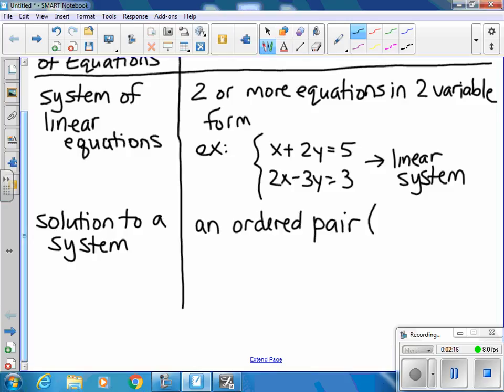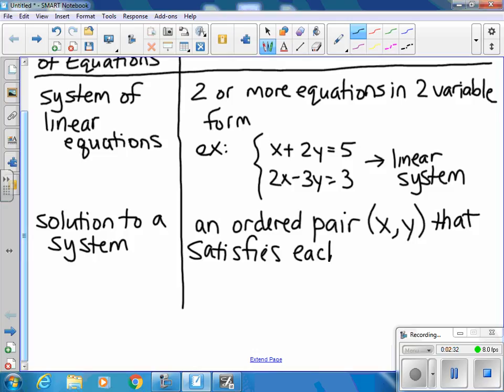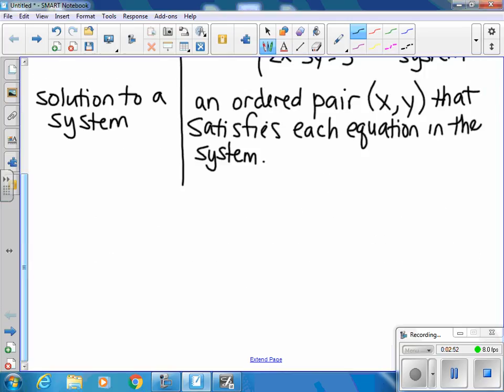So that means your answer will be written as parentheses around that ordered pair, and the x and y numbers will be filled in, that satisfies each equation in the system. What that means is that the ordered pair that you say is the final answer must work in every equation in the problem, or it is technically not the answer that you want. If it doesn't work in one of them, it is not the correct one.